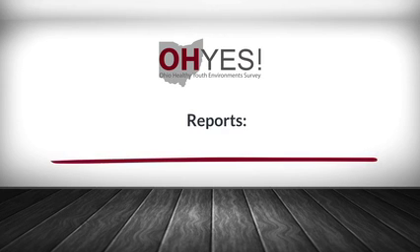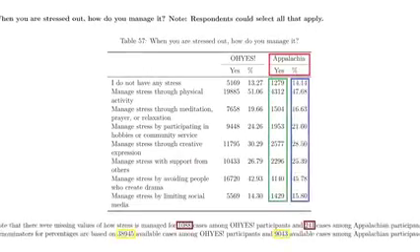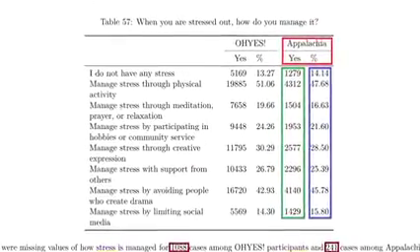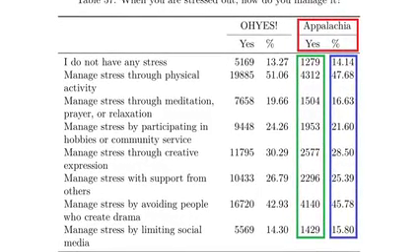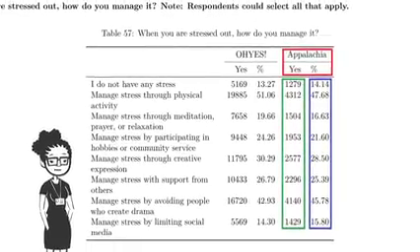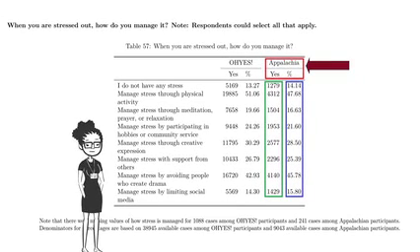Reports. Interpreting choose all that apply items. The things we wish to highlight about the tables for choose all that apply items appear in colored boxes, and we will consider each in turn. Again, there are two columns for each geography. For example, Appalachia has two columns, where this is highlighted by the red box. The column in green for Appalachia lists the count of individuals selecting the yes or checked response.